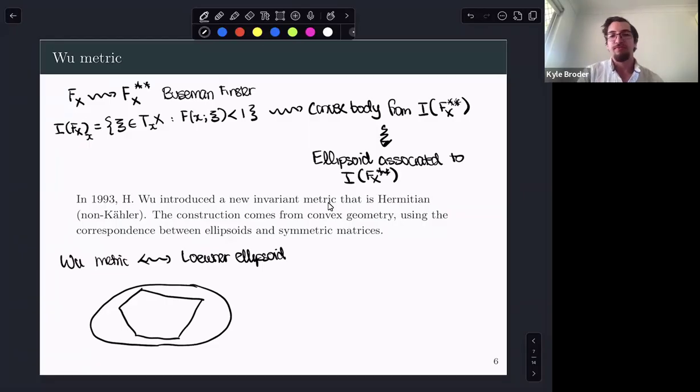And now the point is to study the regularity properties and so forth of that Hermitian metric. A priori, there's no control at all. And it turns out that the Wu metric is not even upper semi-continuous when one works with this construction.